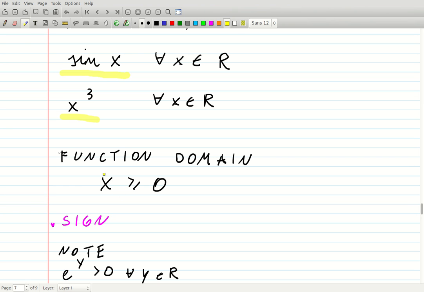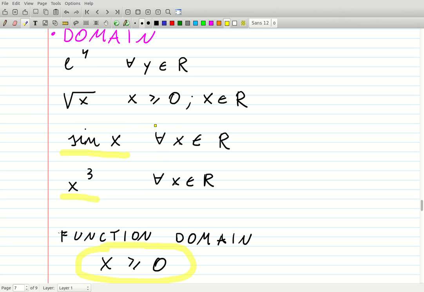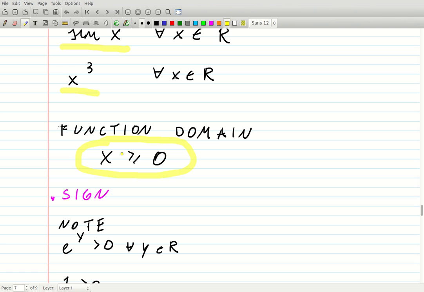In this case, the function domain will be the domain of the least good function, I mean the square root, which accepts only non-negative numbers. Our function will be defined only for x greater than or equal to 0, only positive numbers and 0.